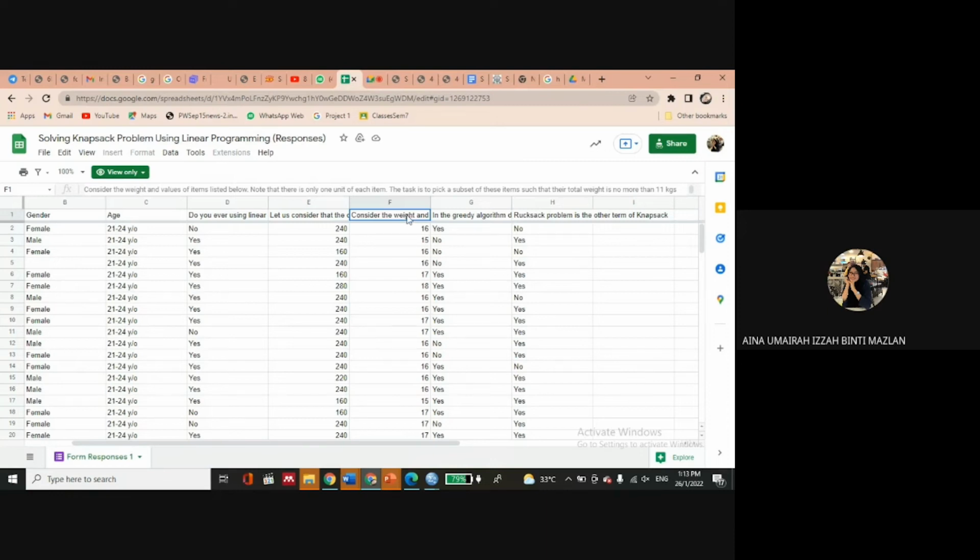The total value of items picked by an optimal algorithm is denoted by V optimal, and a greedy algorithm sorts the items by their value to weight ratios in descending order and packs them greedily, starting from the first item in the ordered list. The total value of items picked by the greedy algorithm is denoted by V greedy.